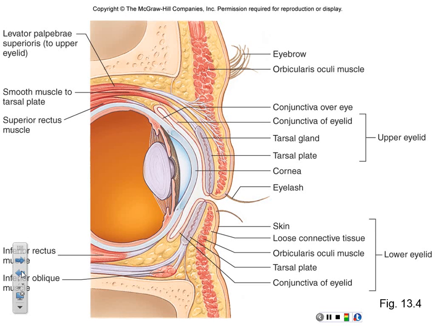So, you remember the layers of the eyelids that I was saying. The first one is the skin on the outside, and then the connective tissue here, loose connective tissue, second layer, and then this muscle here, which is the orbicularis oculi, and also the levator palpebrae superioris.